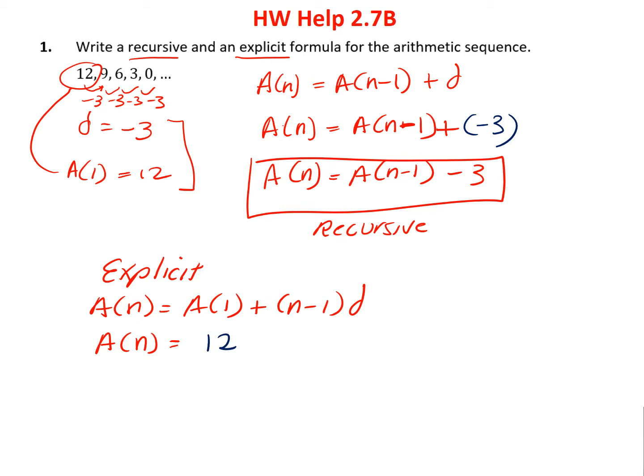So I put in 12 for that, plus n minus 1, and then times the negative 3. Now it's very important at this point that you put the negative 3 in parentheses so that you know you're multiplying it. If you just wrote negative 3 without parentheses, somebody might think you're doing n minus 1 and then subtract 3. So make sure you put those parentheses around there, or it could be wrong. And that is our explicit formula.